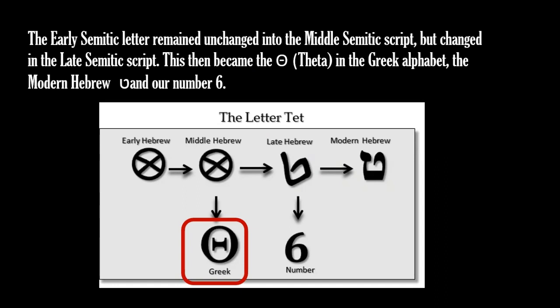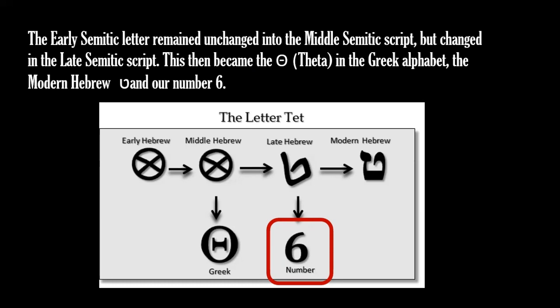And of course, the late script would have influenced the numeral 6. What we see following the late script is the modern script, which is what a number of persons would have been used to. So you see how it would have evolved over time.